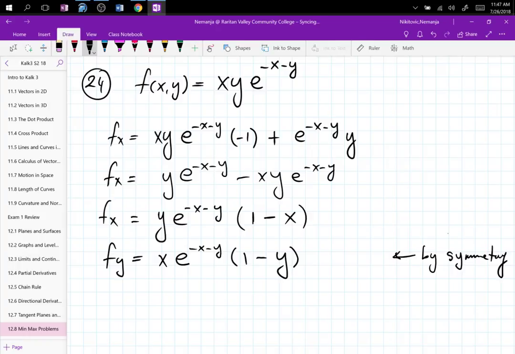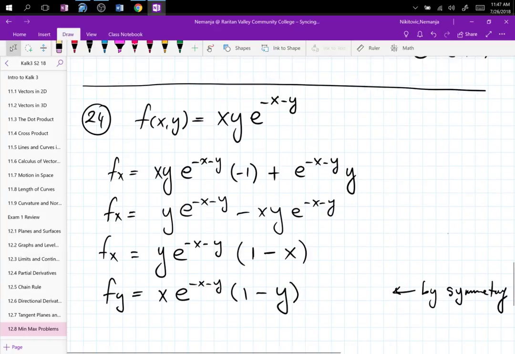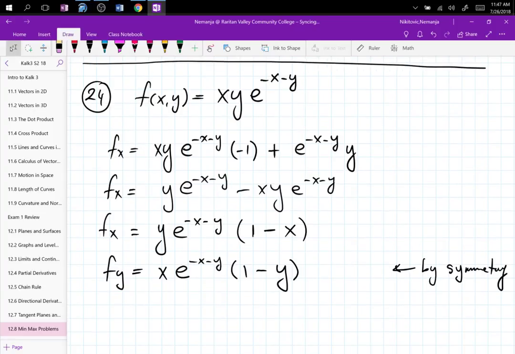So symmetry is to be exploited anytime you can, and you know that the equation is symmetric if you swap x and y and you get the same equation back. So that's how you know, and that means that the first partial derivatives of both kinds will have the same equation if you just swap x and y.